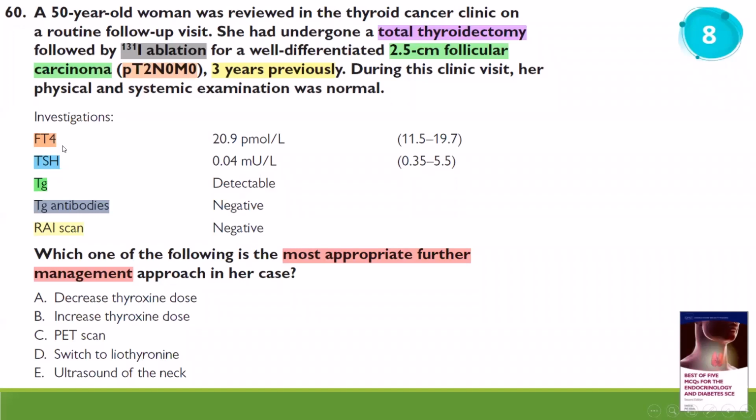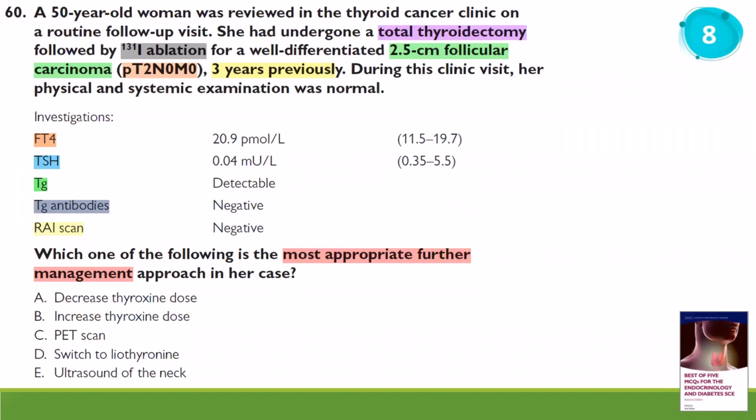Nowadays, the T4 is mildly elevated, TSH is low, suppressed at 0.04. The TG is detectable. Once you see TG, you should look for TG antibody. TG antibody is negative, so TG means recurrence.